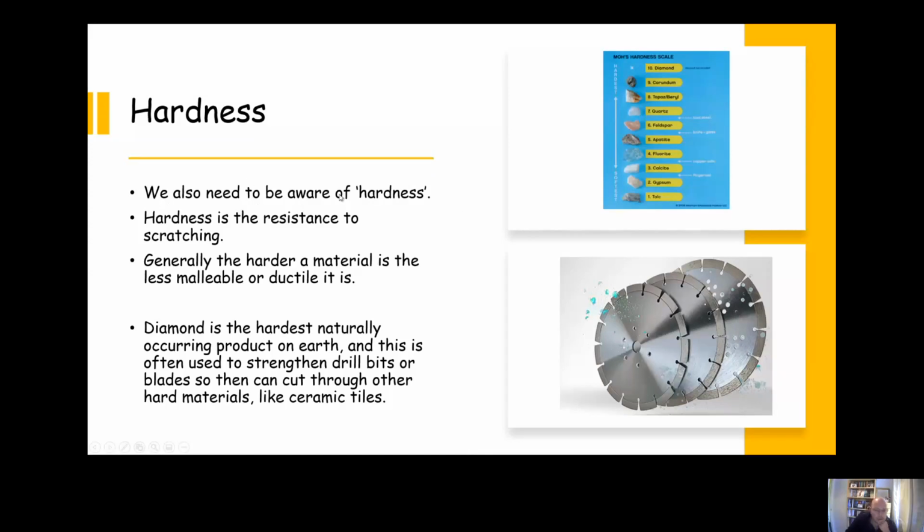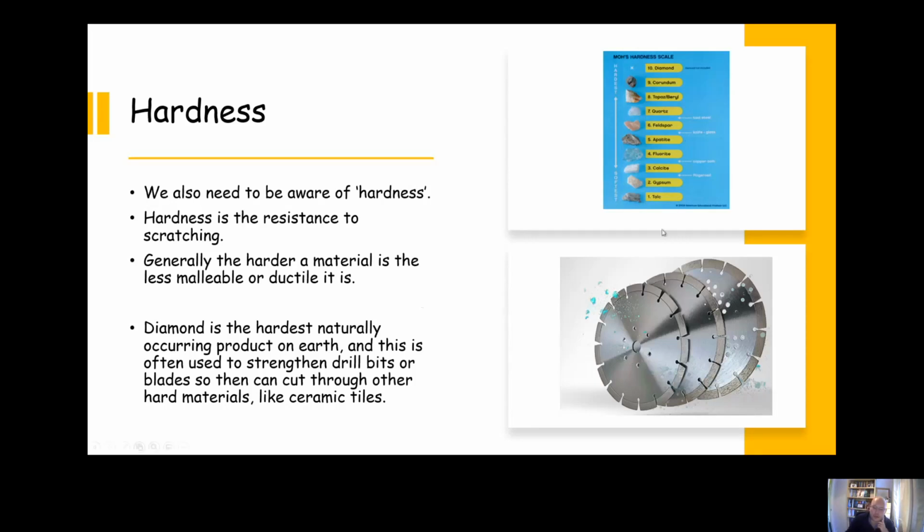Hardness, we're going to talk about. Hardness is essentially the resistance to penetration, resistance to scratching. Generally speaking, the harder a material is, the less malleable or ductile it will be. Diamond is the hardest naturally occurring material on Earth. We sometimes might use diamond coatings on drill bits or on cutting blades to allow us to cut through other hard materials.